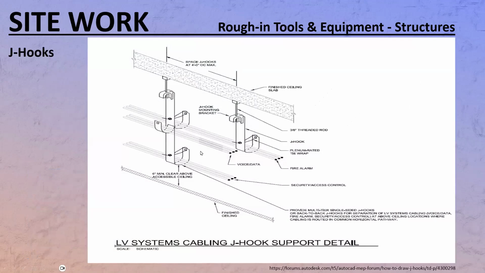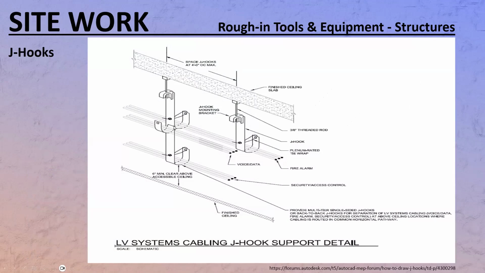Now, putting things together. There would be some sort of a mount here, and we're going to talk about what we could possibly use to mount those. And there will be threaded rods right here. And over here, what do we have? We have J-hooks.